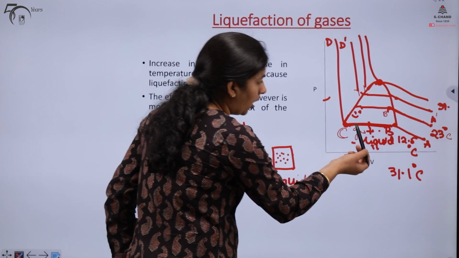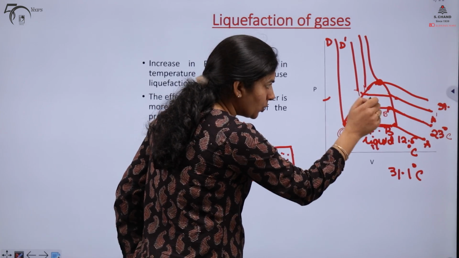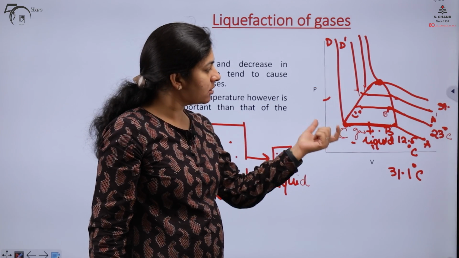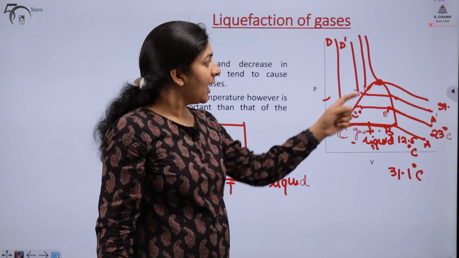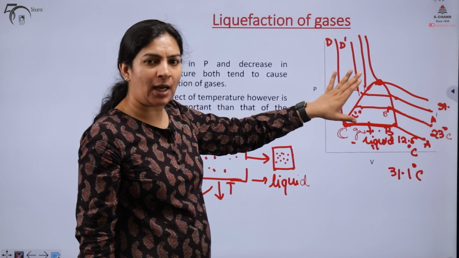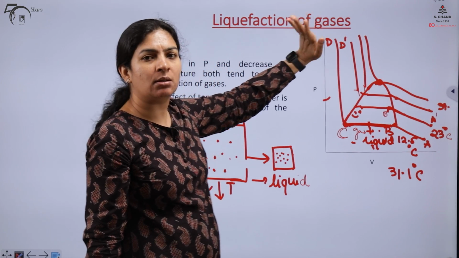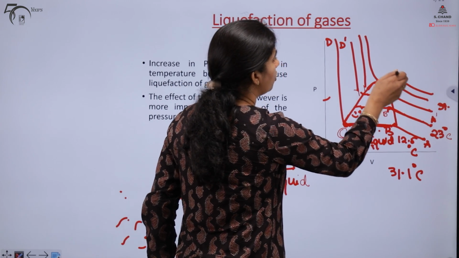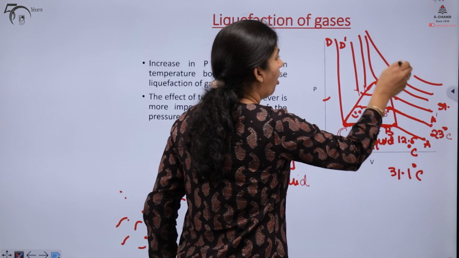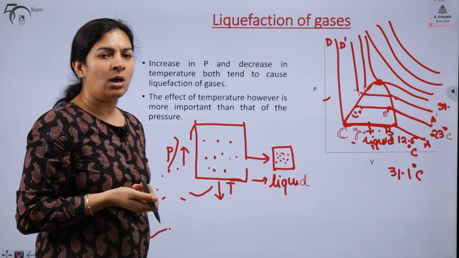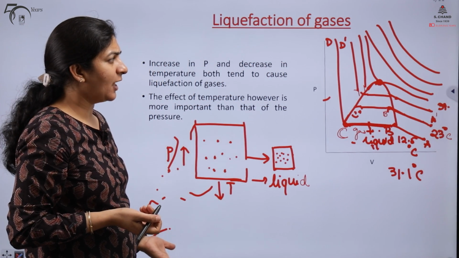For other temperatures which were below 31.1 degrees Celsius, we could see that there is gas as well as liquid. And here we see that the moment this much pressure is applied, the gas will completely turn into liquid, and above this temperature you see the normal PV isotherms as per Boyle's law, right.